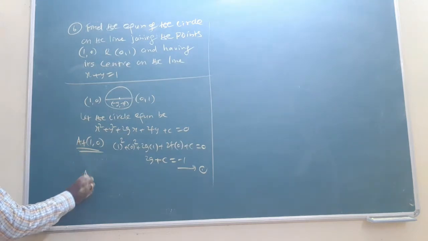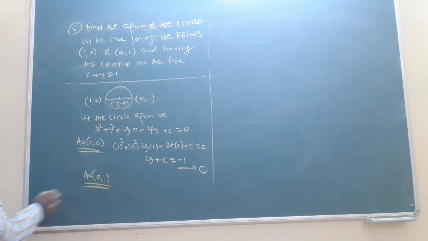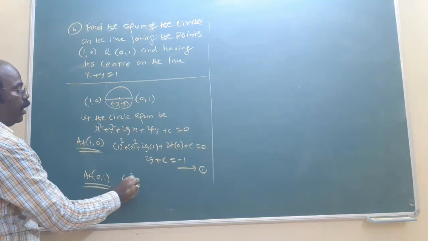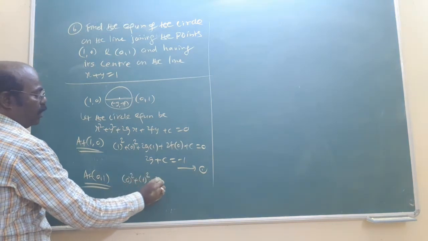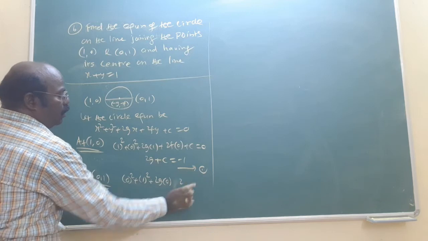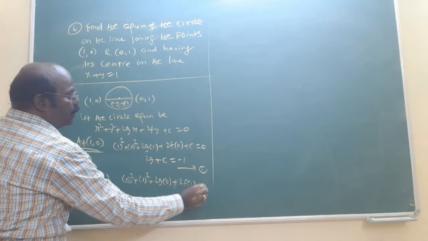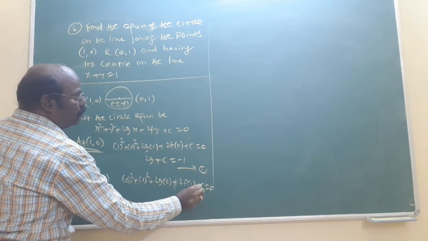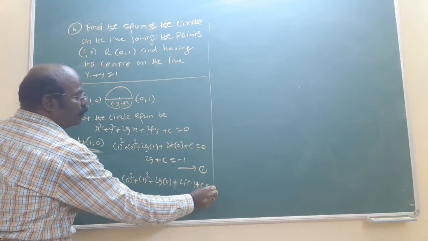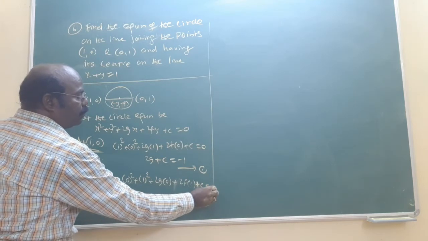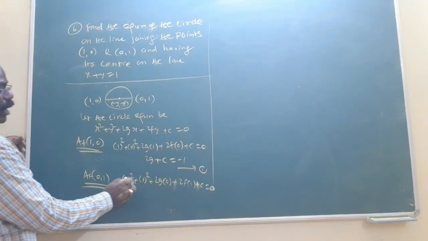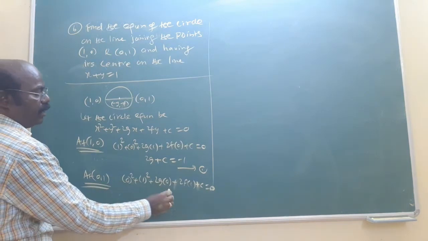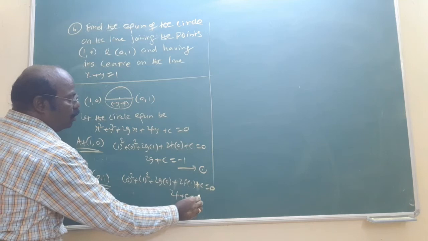Next, at (0, 1): 0 square plus 1 square plus 2g into 0 plus 2f into 1 plus c equal to 0. So 2f plus c is equal to minus 1.